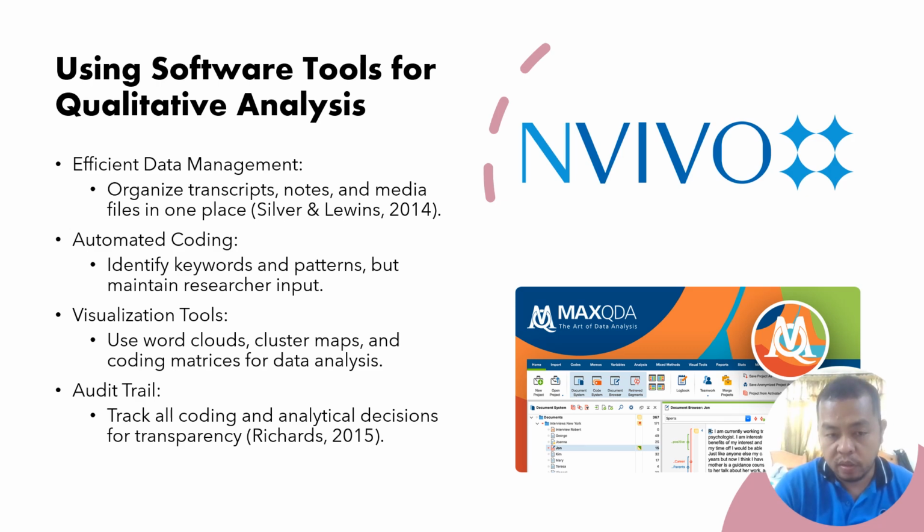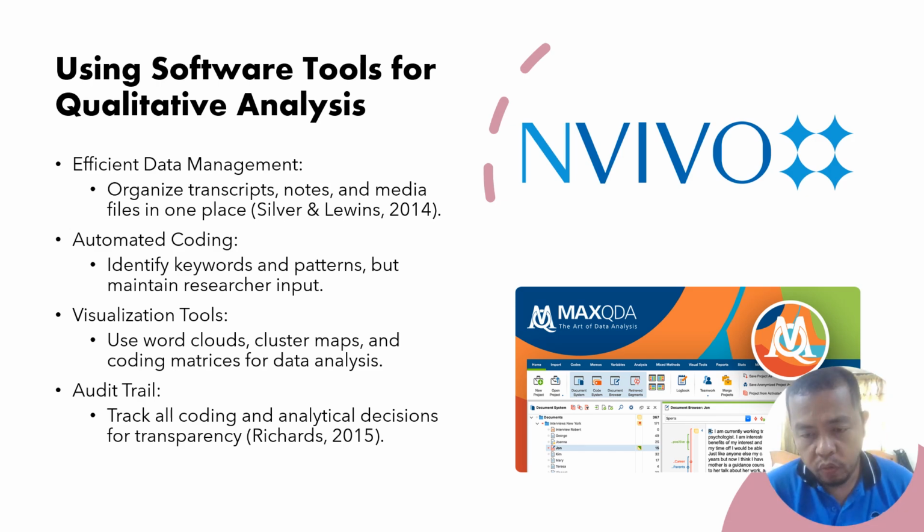It identifies keywords and patterns, but also maintains researcher input. Like NVivo, it has visualization tools, where you can make use of word clouds, cluster maps, and coding matrices for data analysis. And another thing is you have an audit trail. You can track all coding and analytical decisions for transparency. That is the advantage of using software tools.